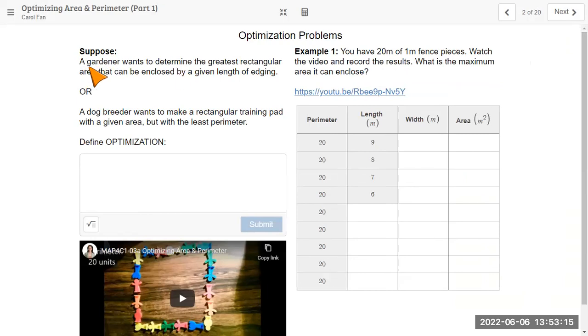We have a gardener who wants to determine the greatest rectangular area that can be enclosed by a given length of edging. Or we have a dog breeder who wants to make a rectangular training pad with a given area, but they want the least amount of perimeter, because the more material you buy for perimeter, the more it's going to cost.